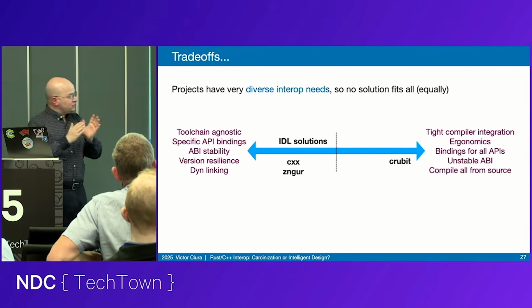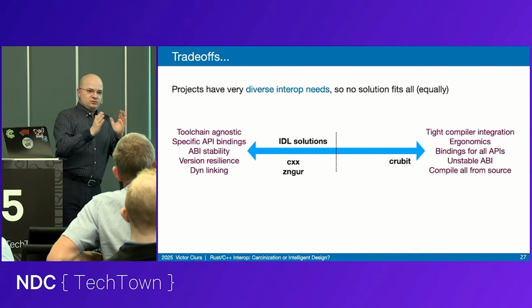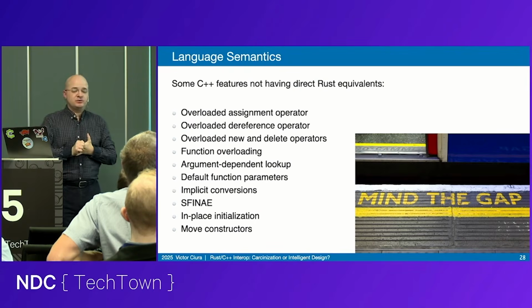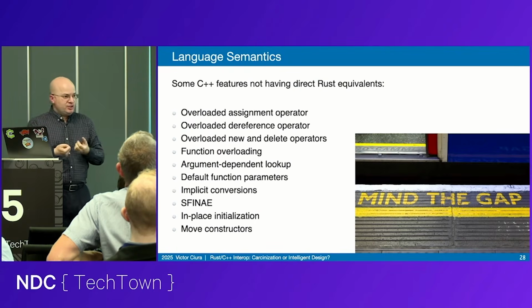And even Krubit, as it evolves, tries to get closer to the left. But it's difficult, and I think the difficulties come from impedance mismatch in language semantics.